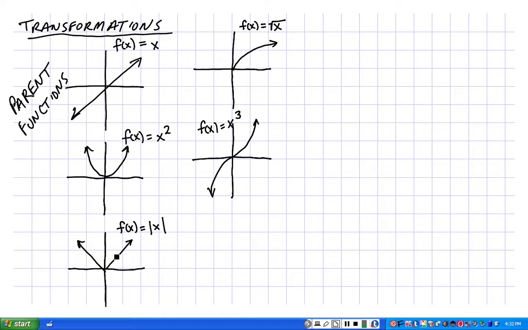Okay, so let's start by saying f of x equals x squared. Or better yet, I might need to go ahead and clear the board for this. Let's look at f of x equals x squared, and then let's look at f of x equals x squared plus 1.